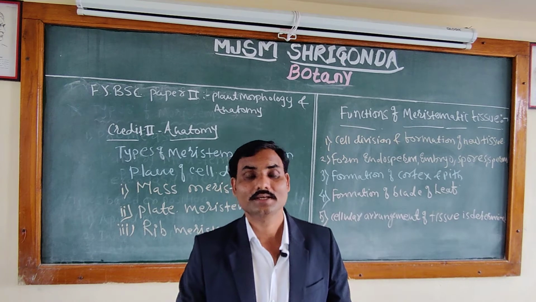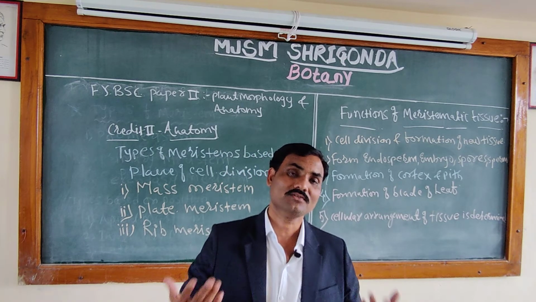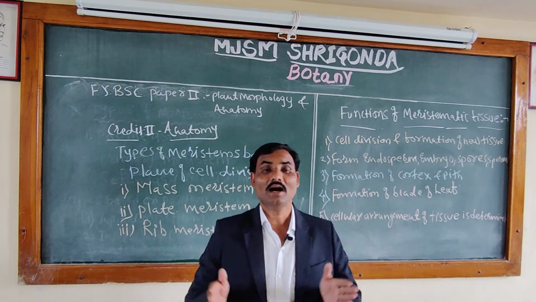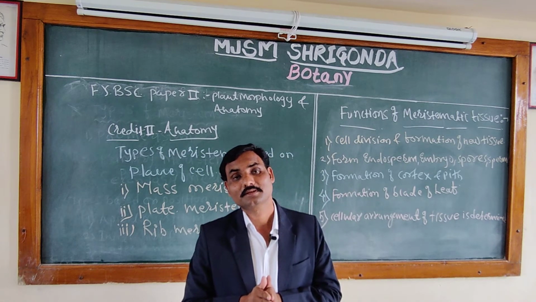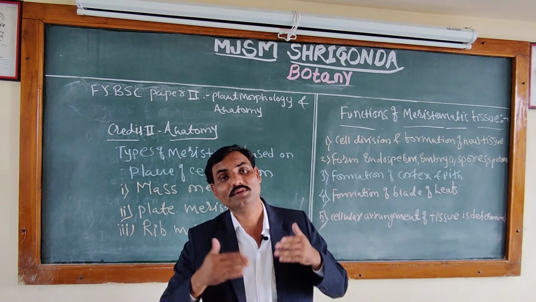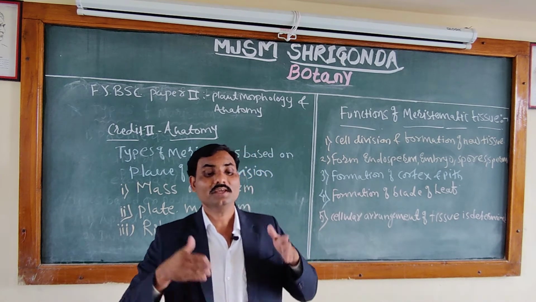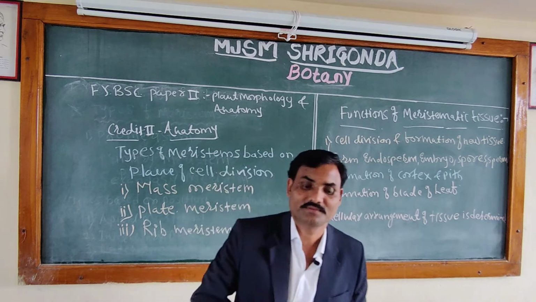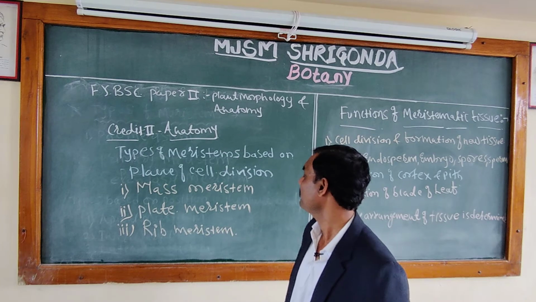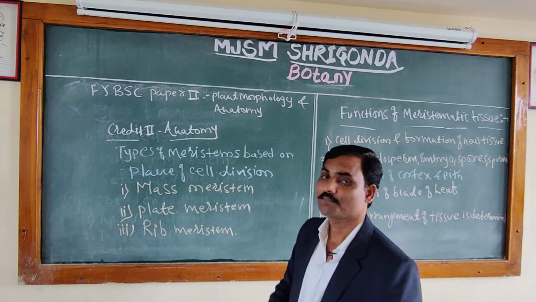Cells divide, redivide, and form a complex structure. And on the basis of plane of division, the meristems are of 3 types. That is mass meristem, plate meristem, rib meristem.